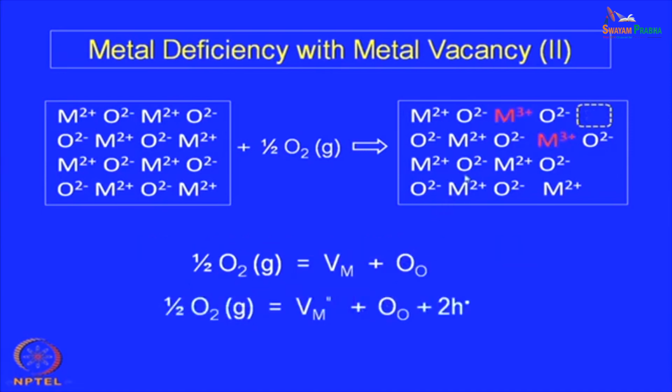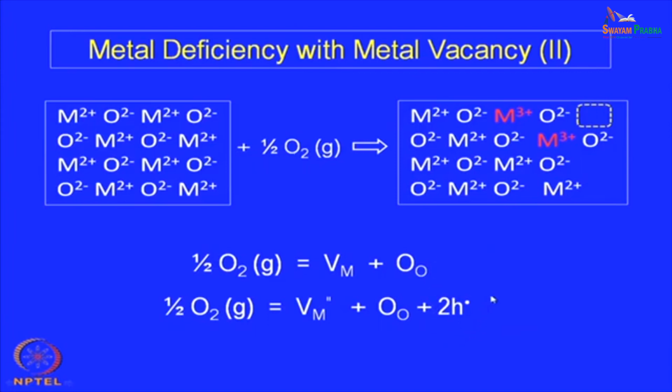And finally, the difference here is that in this case the metal is increasing its valency. Earlier, when the oxygen deficiency was there, the metal was decreasing its valency from 2 plus to 1 plus. In this particular case, when the metal deficiency is there, the metal is going from 2 plus to 3 plus. And consequently we are generating 2 holes, not electrons.